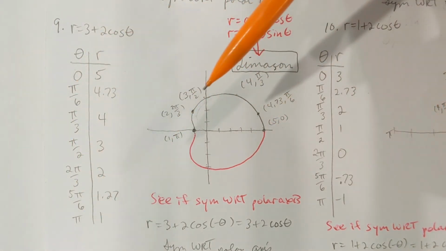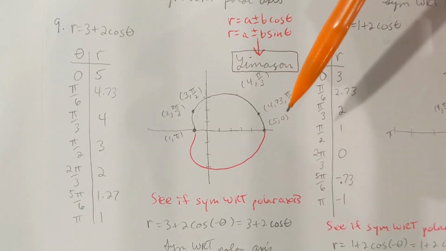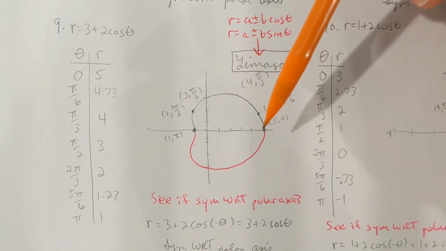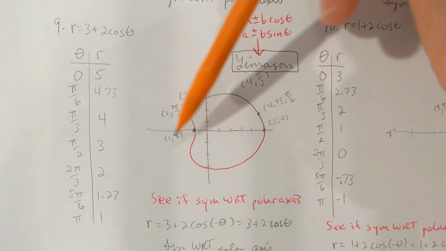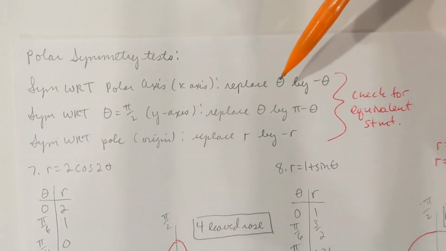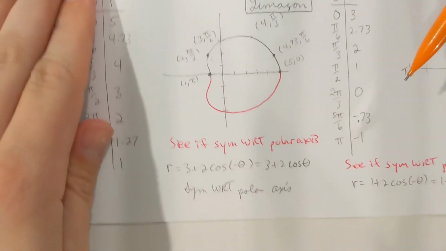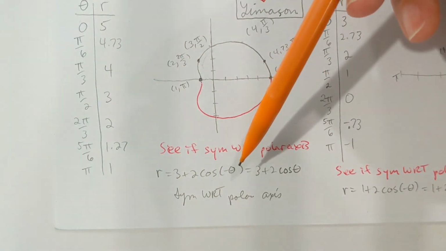Now the next thing I'm wondering is maybe if the graph is symmetric to the polar axis. The polar axis is the same as the x-axis. And to check that, I need to replace theta by negative theta and see if I get the same equation. So I've done that. Replace theta with negative theta.